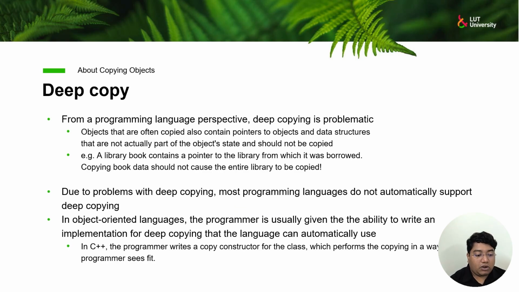So, deep copying sounds like the perfect solution. So, why doesn't C++ always do it automatically? The reason is that the compiler can't always know what should actually be copied. Imagine a book object. The book might store its title and author. Those clearly belong to the object state, but it might also contain a pointer to the library that owns it.